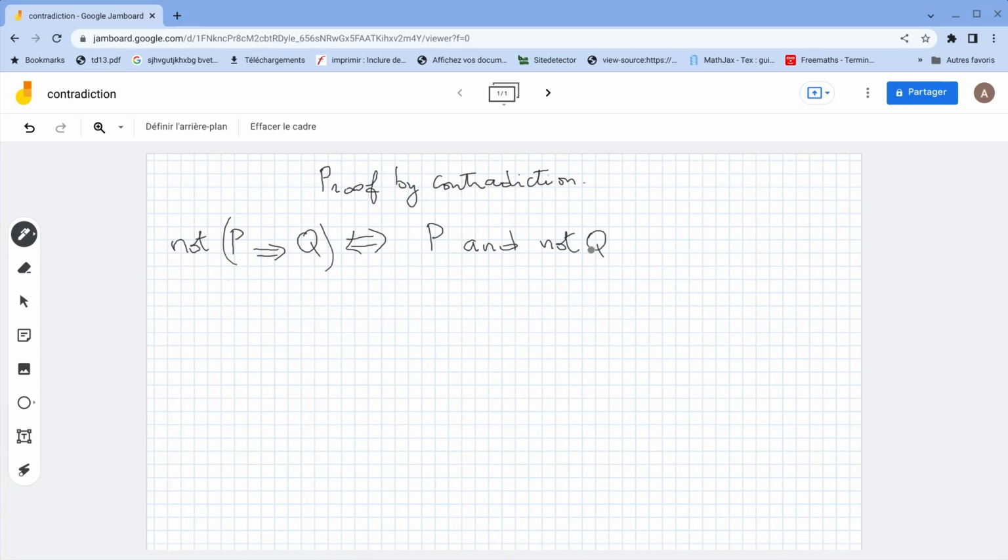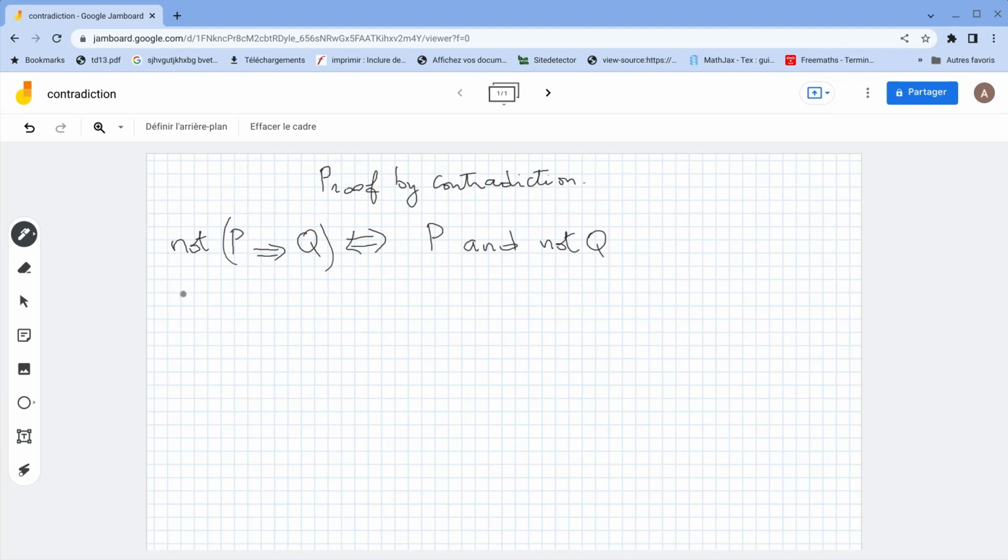It's a conjunction of the first proposition P with the negation of the proposition Q. To prove that P implies Q is true, it is sufficient to prove that P and not Q is false.